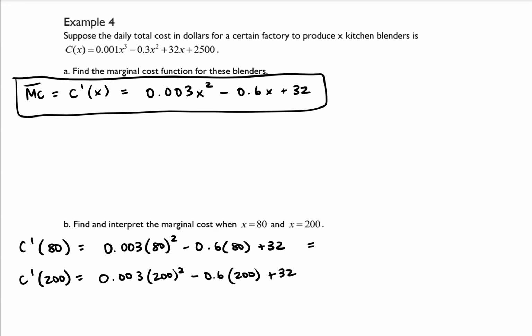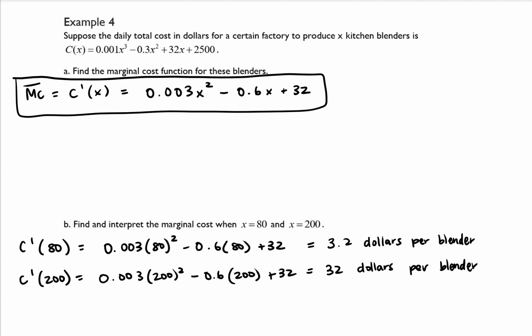So C prime of 80 is equal to $3.2 per unit, or dollars per blender. And C prime of 200 is $32 per blender.